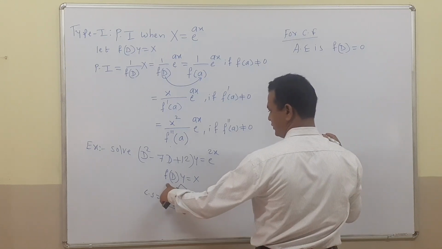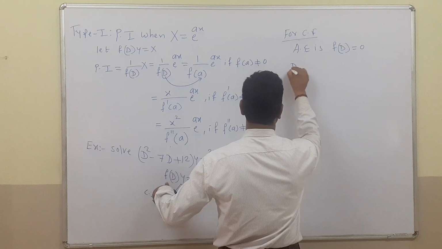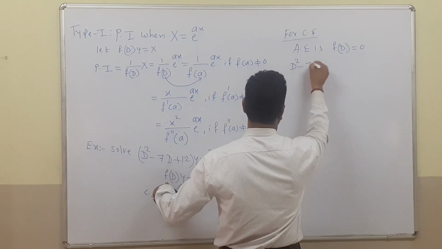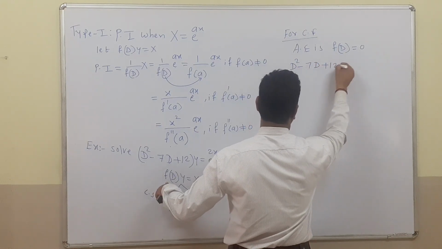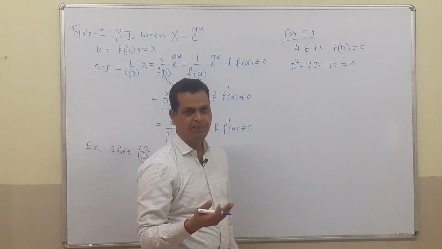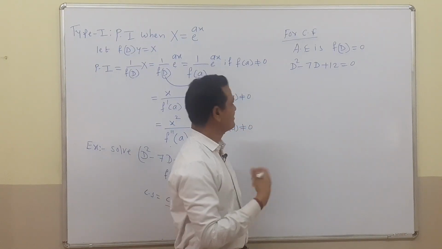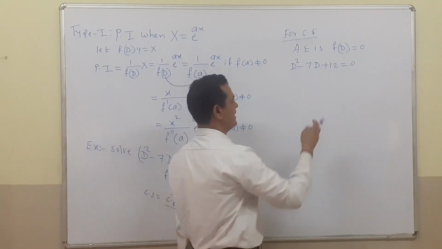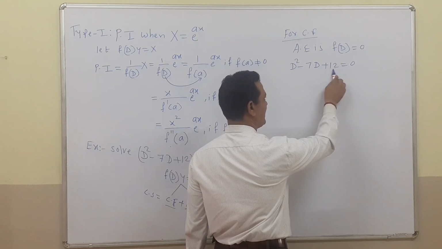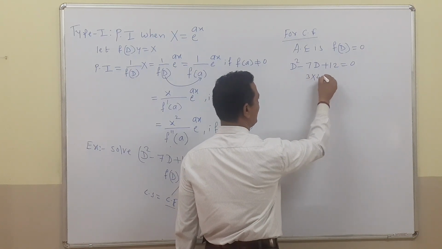If we compare this equation with this term, then the value of f of D is D square minus 7D plus 12 equal to 0. Now solve this equation, that means find the roots of this equation, either by the quadratic method, or the alternative method is to find numbers whose product is 12 and sum is 7. So we can write this as 3 4s are 12.